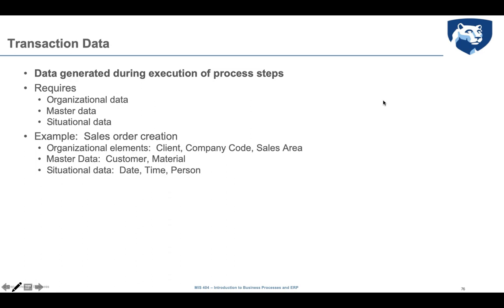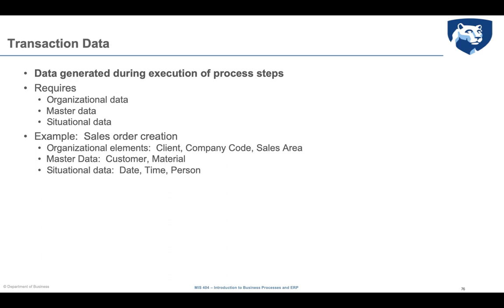Transaction data instead. So organizational data code the organization, master data code the entity in the process, and in particular the most important is the material. Transaction data instead code all the documents that are generated during the execution of a process step.